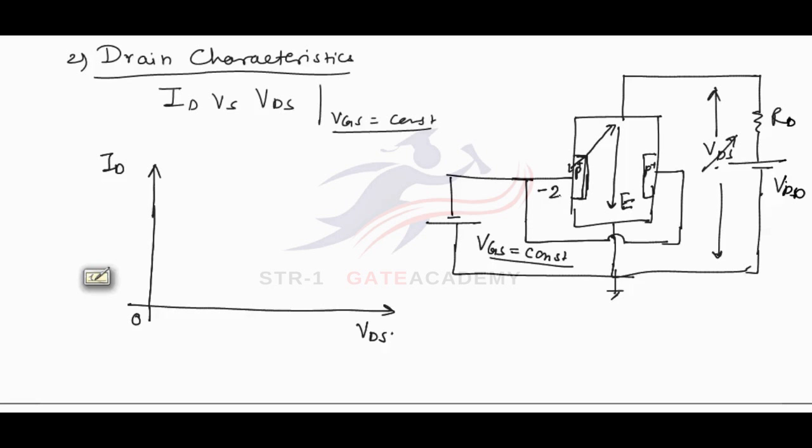If the gate is kept at -2 volt and initially the drain to source voltage is, for example, +3 volt, then the reverse biasing will be 5 volt. If we increase it to 5 volt, then the reverse biasing will be 7 volts. Meaning with increasing drain to source voltage, the reverse biasing between drain and gate will be increasing.